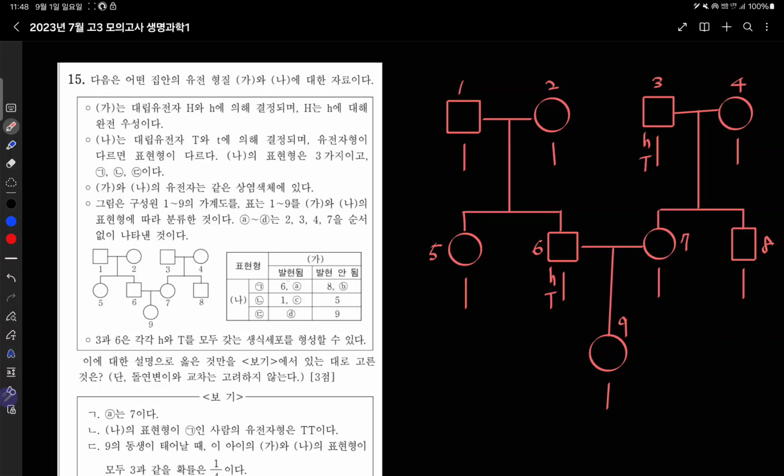That means individual number 1 and 6 have capital H allele because they have the first trait.